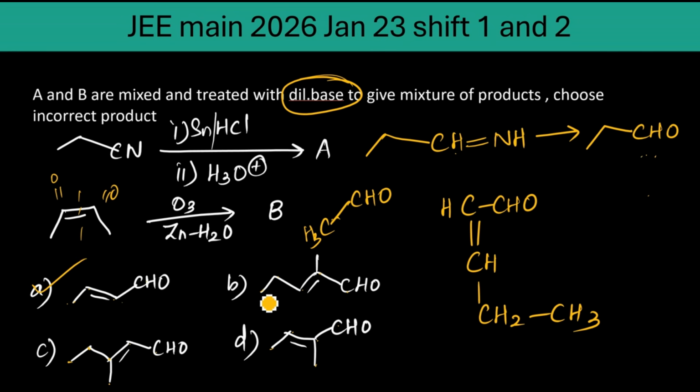And talking about B, CH3, CH2, CH double bond. This is with B combining, sorry, A combining, right? Then talking about C, I have CH3, CH2.